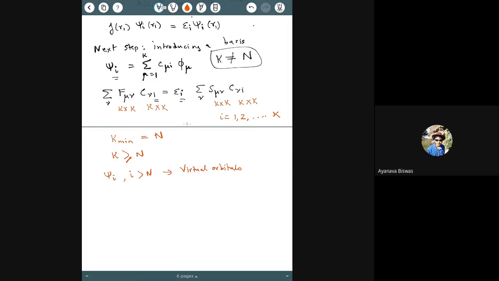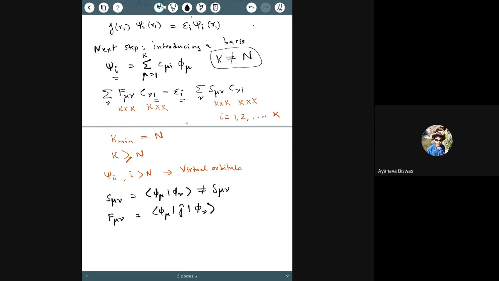Okay. And the quantities in the equation, just for completeness, let me write them down. So S mu nu is the overlap of the basis functions, and this is not delta mu nu. And F mu nu is the elements of the Fock operator in the basis.